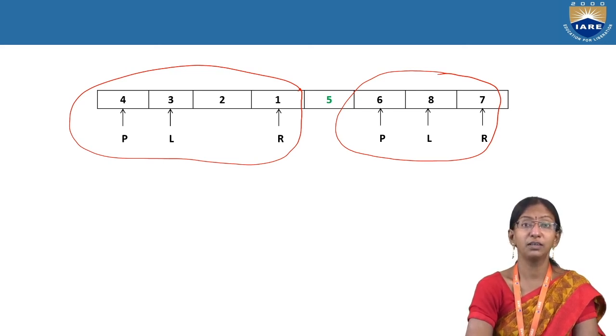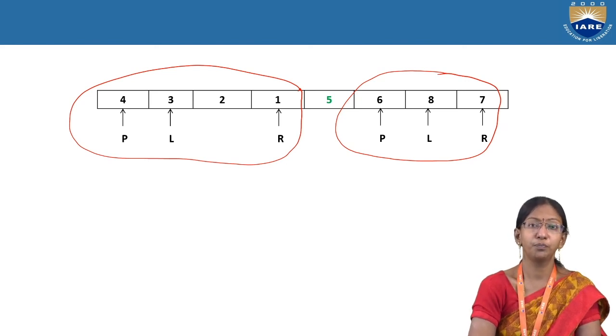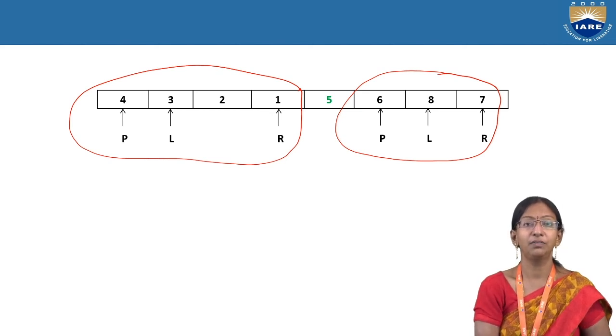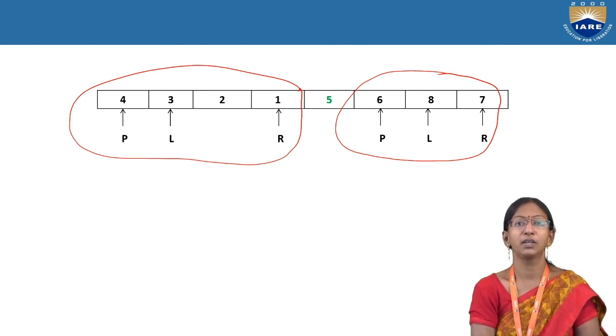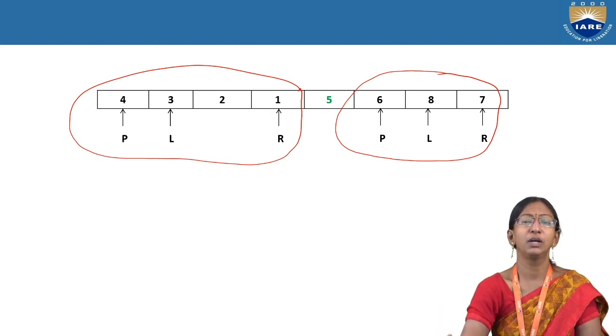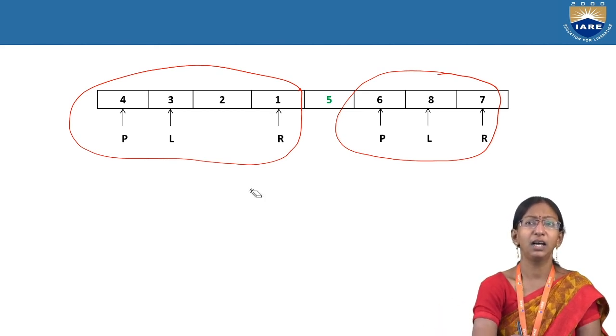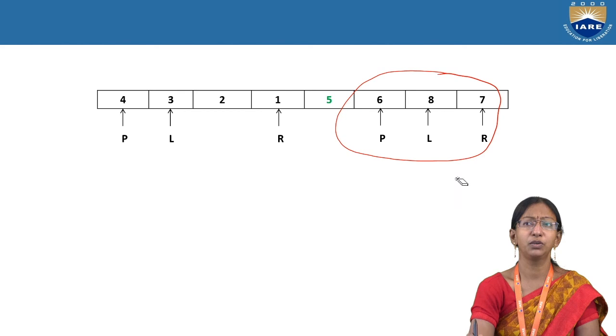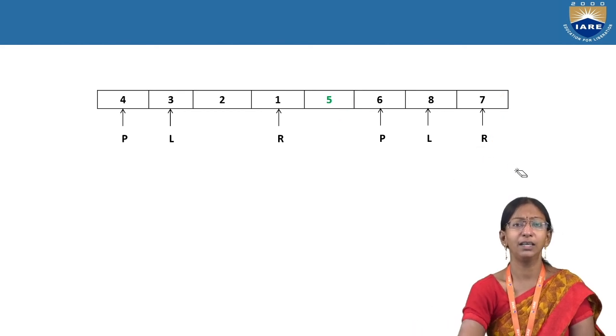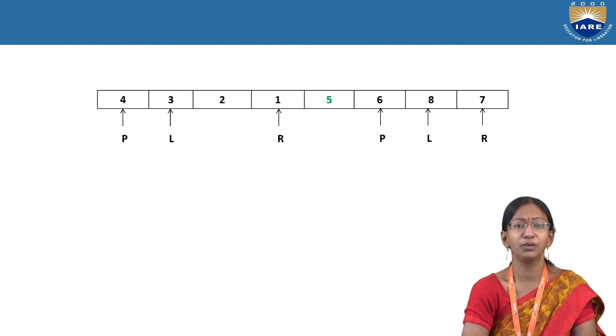If right crosses left, then swap the elements of pivot and right, and thereby you are going to again divide the list into 2 halves. This process is going to go on recursively until the whole list is sorted, or you attain a place where your pivot, left and right are pointing to the same element, a single element.